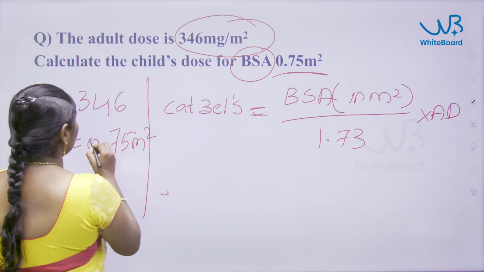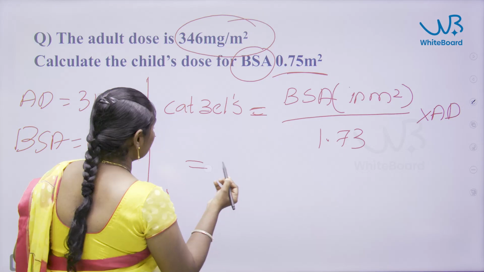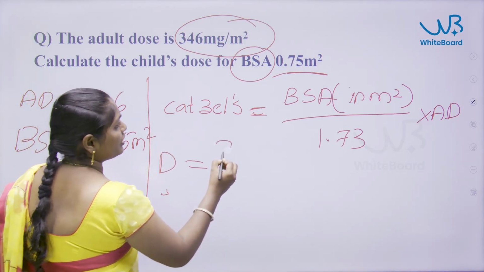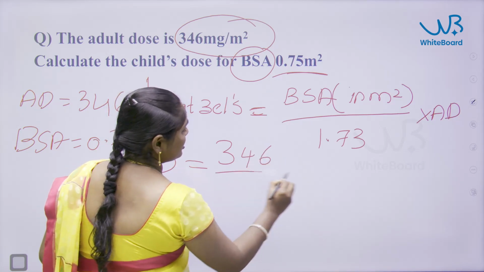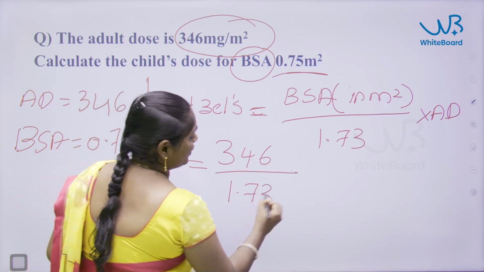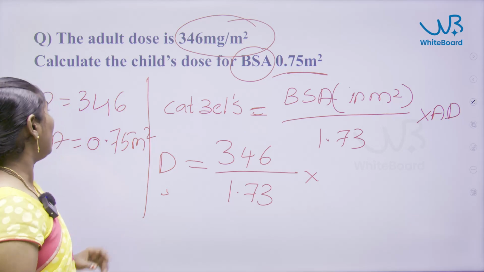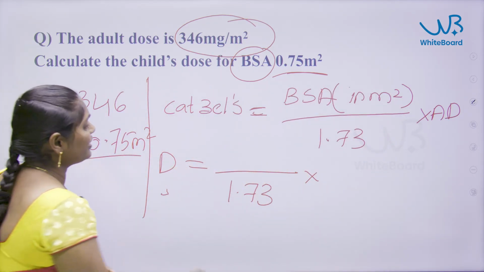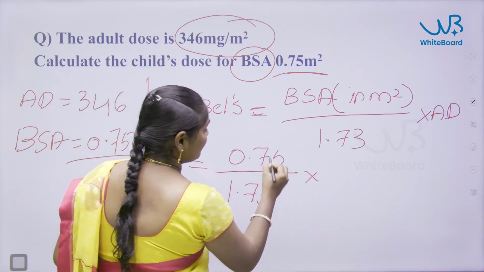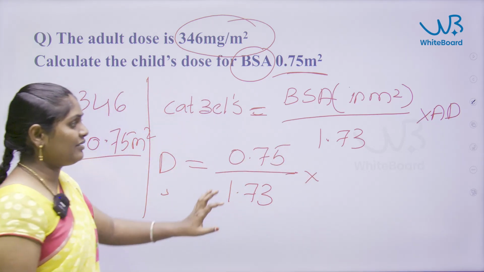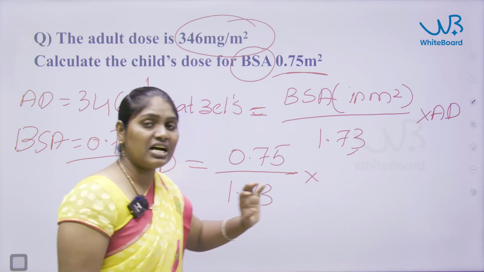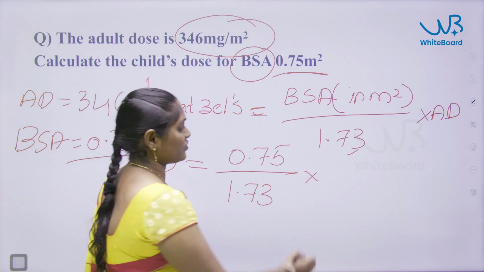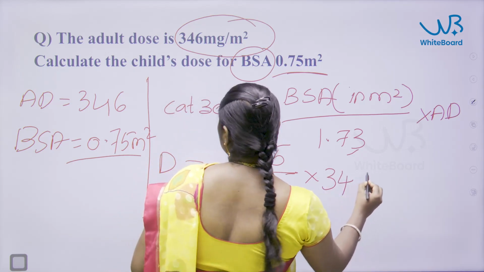Substituting these values in our formula, dose is equal to body surface area in meter square, 0.75, by 1.73, the average adult body surface area in meter square, into the adult dose that is given, 346.